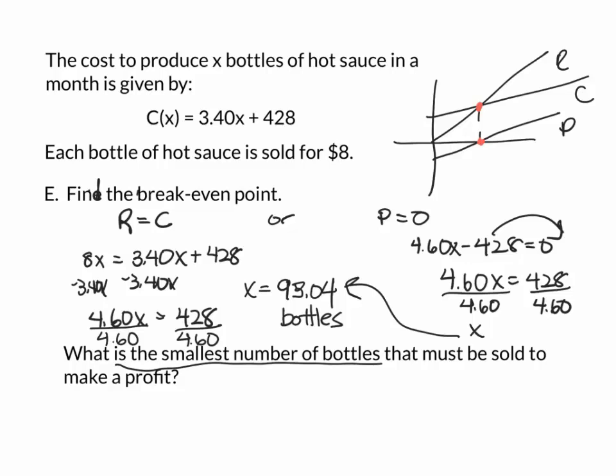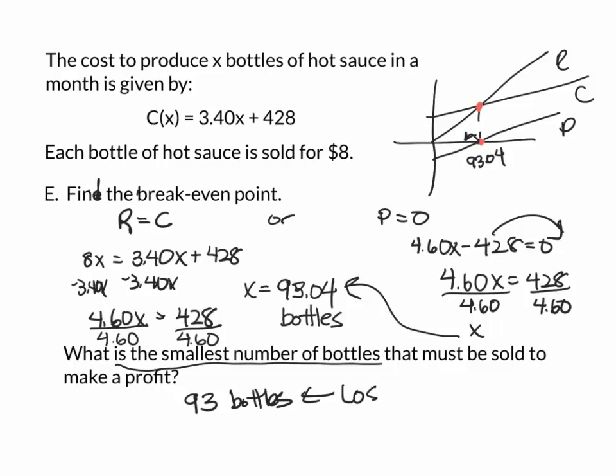So when we look at our graph here, this is where we have 93.04. And when we see a number like that, we typically will round down to 93 bottles. However, if I round down to 93 bottles, I'm over in this region, and that's a loss.